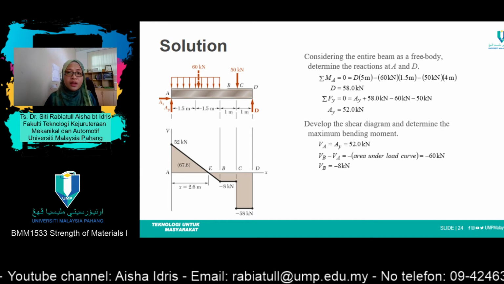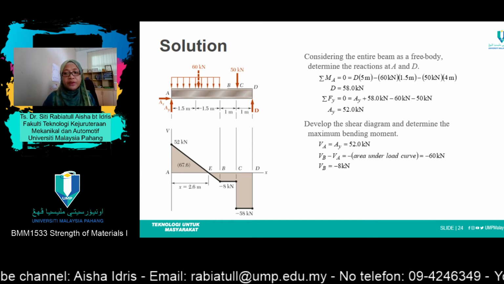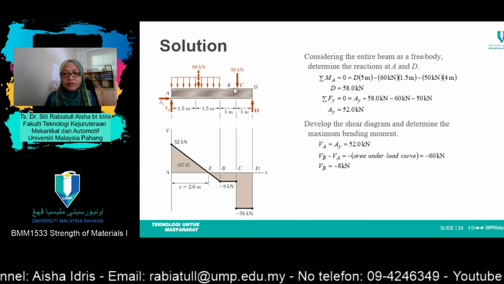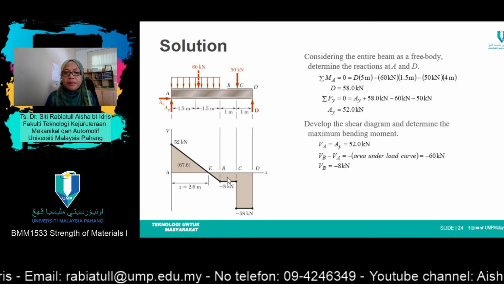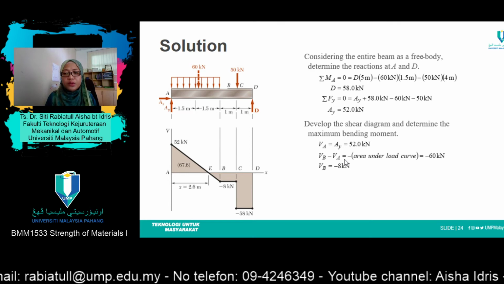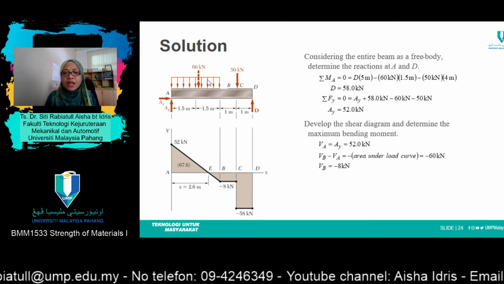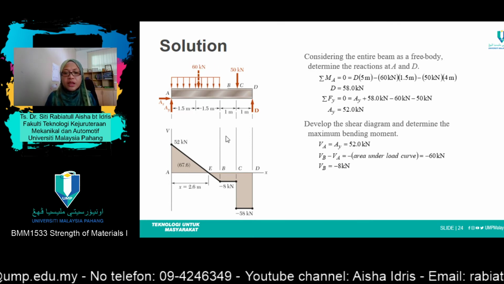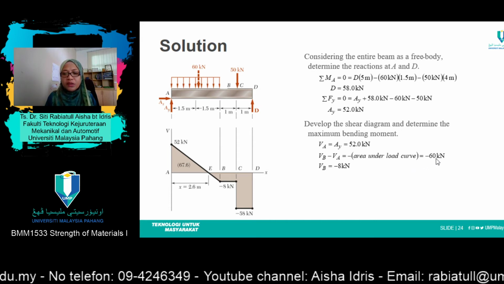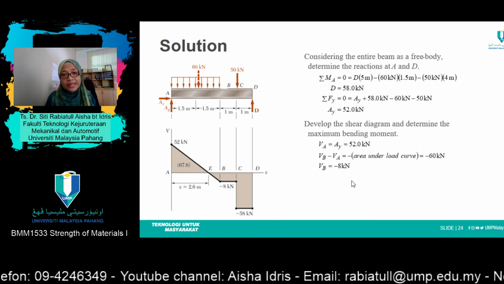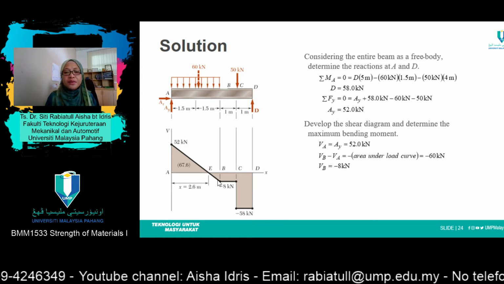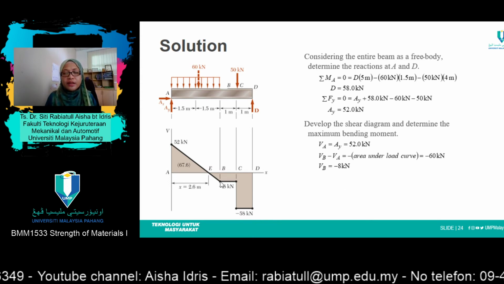In this case, it will be a linear graph until point B here. So VB minus VA equals negative 60 kilonewton. From there, you'll get the value of VB, which equals negative 8 kilonewton. So you'll get another coordinate here.